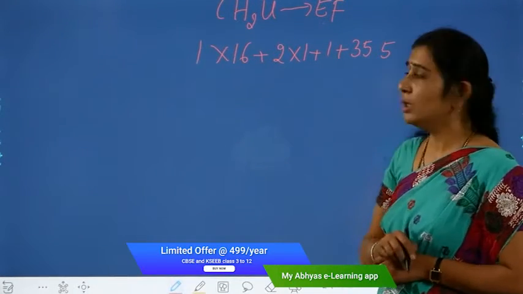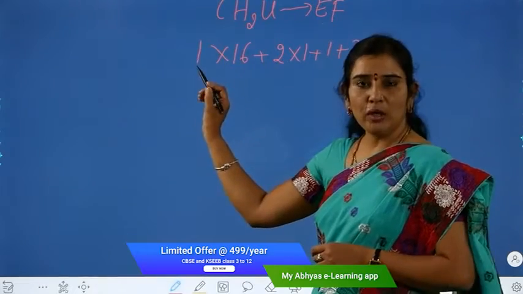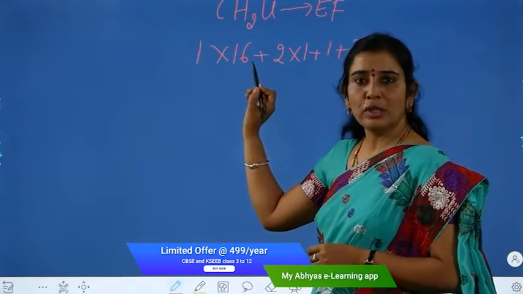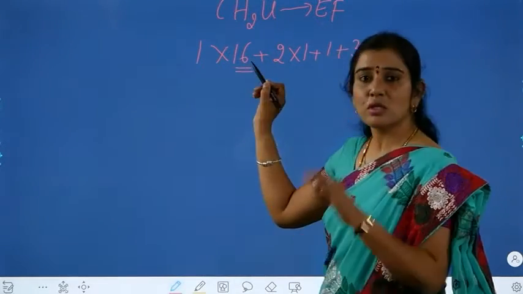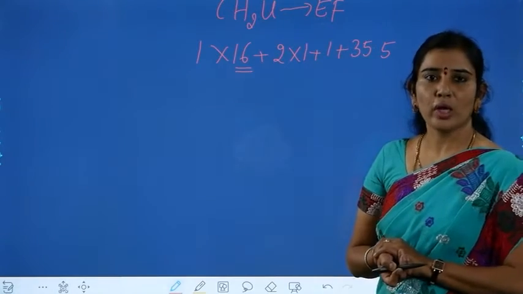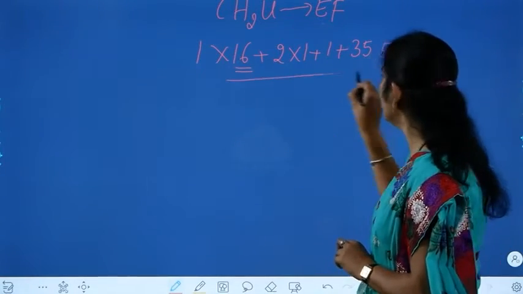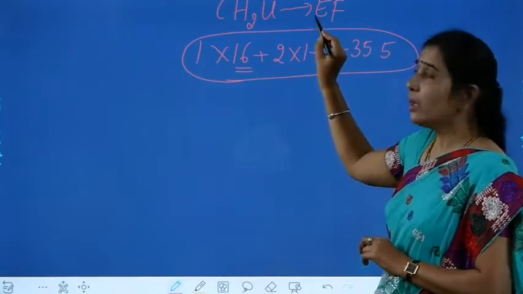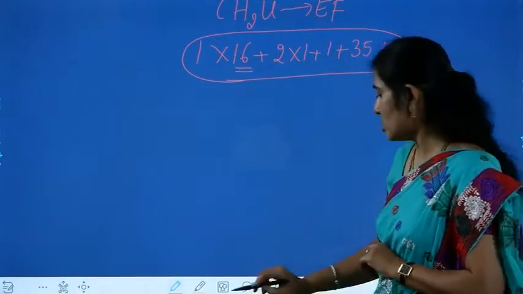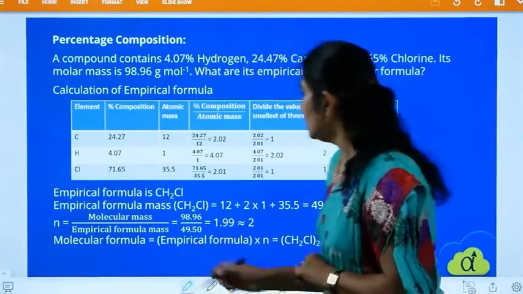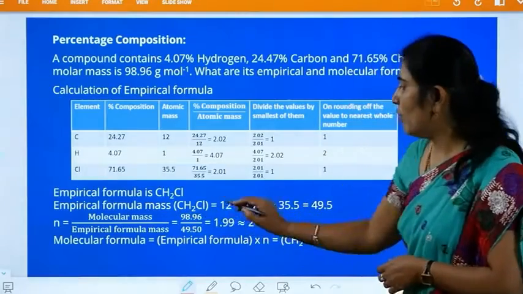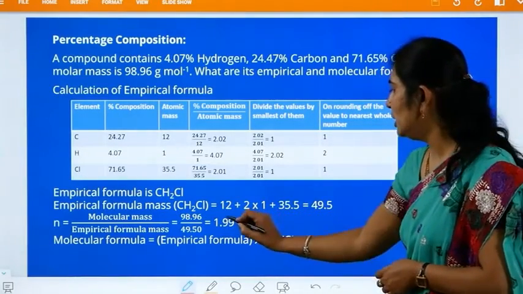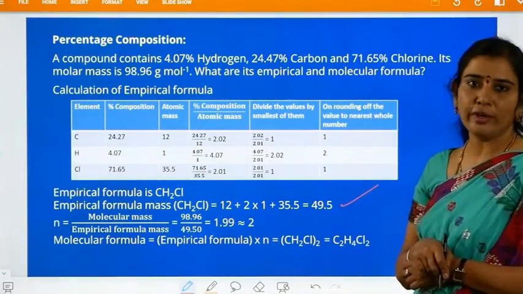See, like this, it is the product of the number of atoms and the atomic mass of each atom. So, when you add up all these products, you will get the empirical formula mass. So, students, please look at this. The empirical formula mass for CH2Cl is 49.5.